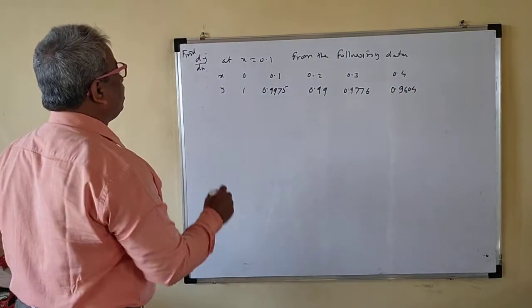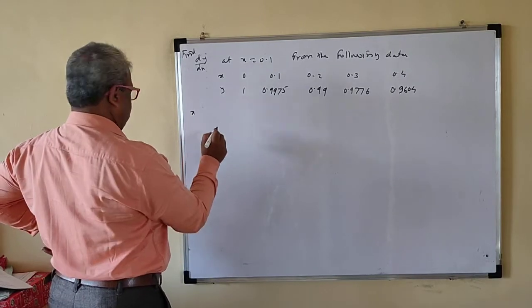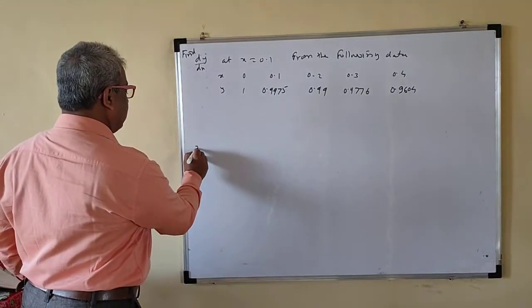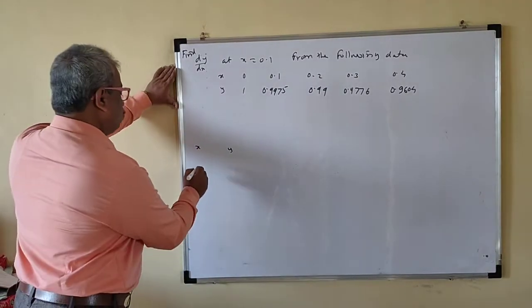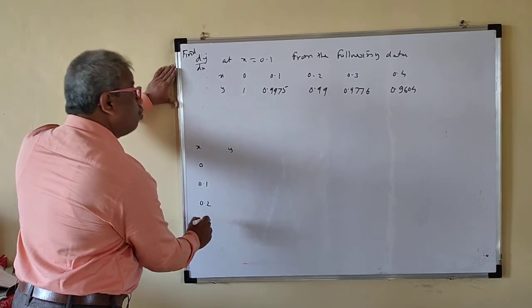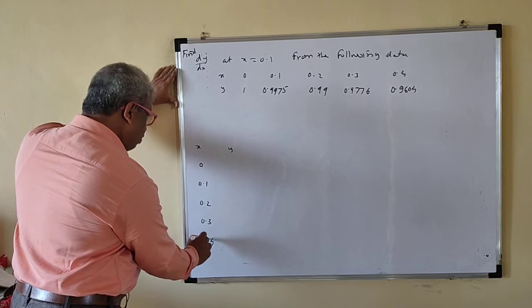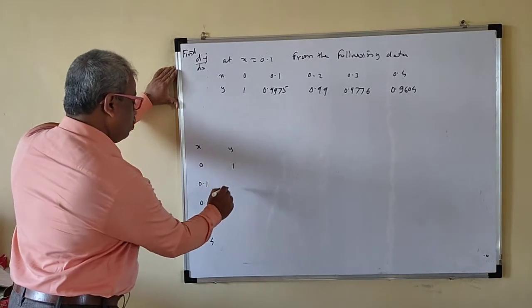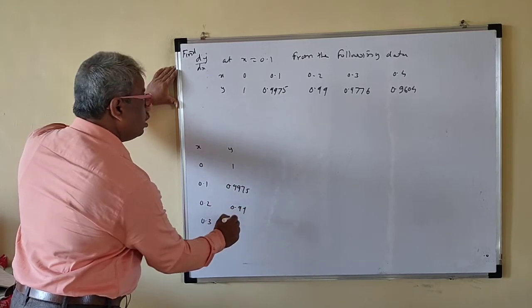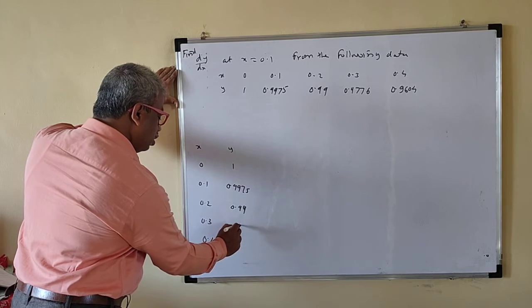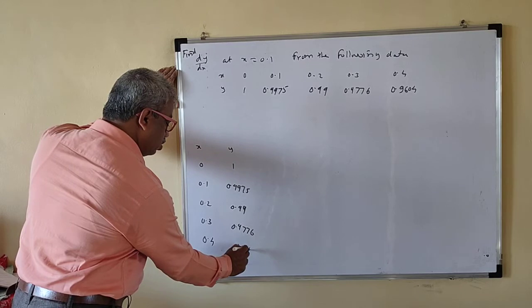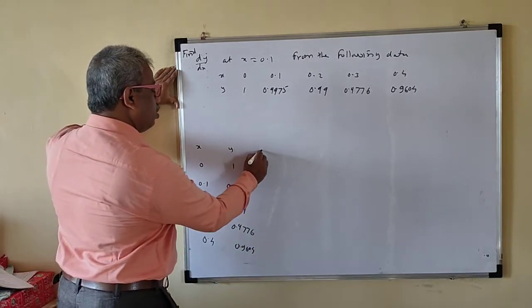So we prepare a difference table. This is x and this is y: x is 0, 0.1, 0.2, 0.3, 0.4, and y is 1, 0.9975, 0.99, 0.9776, 0.9604. Now del y.